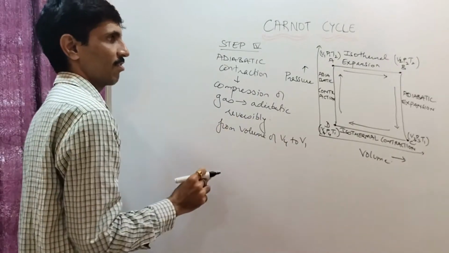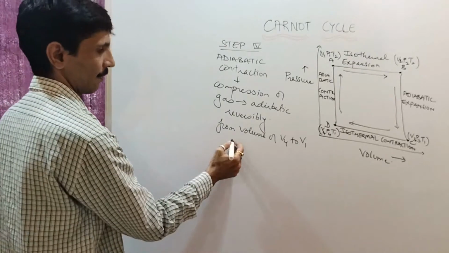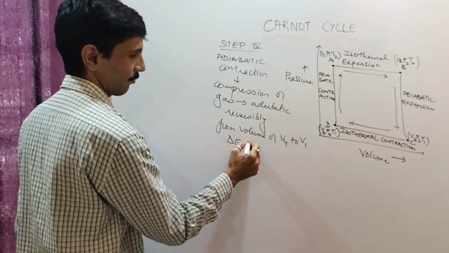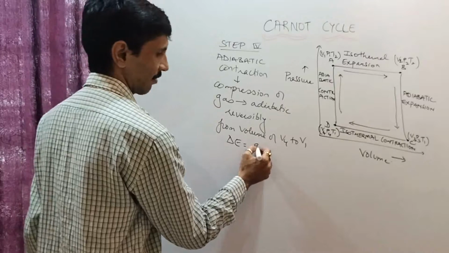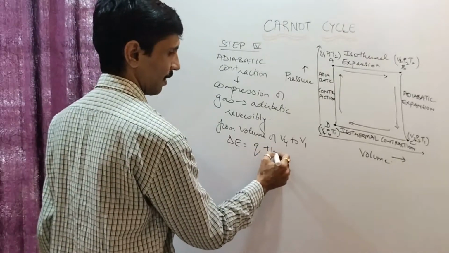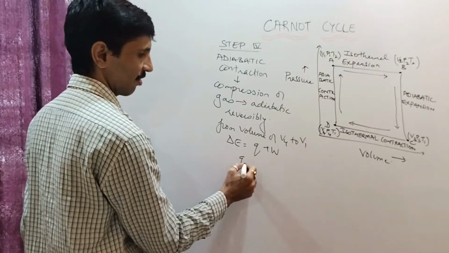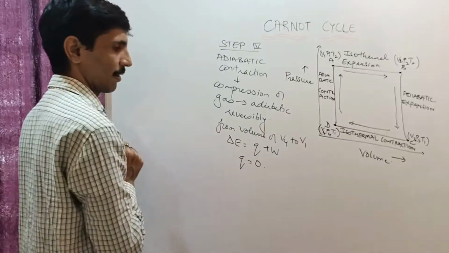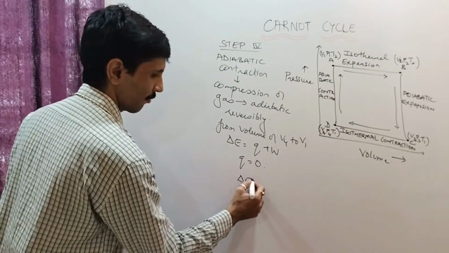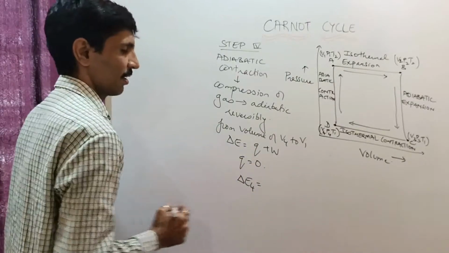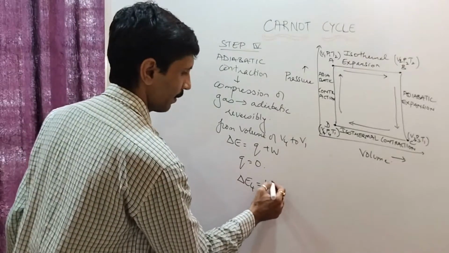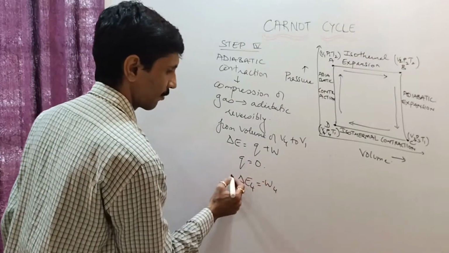Now be very clear that we are going to explain with respect to the first law of thermodynamics, the expression of which is delta E is equal to Q plus W. Because it is adiabatic, we say that Q is equal to 0, and therefore we come to the final expression, and that is delta E4 will be equal to minus W4.